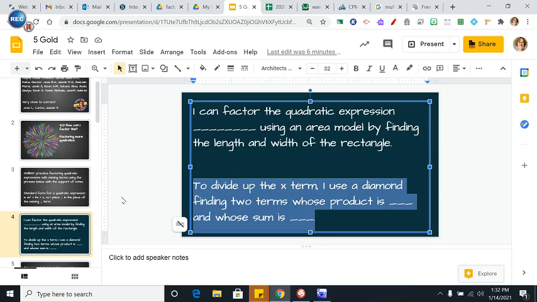So you should write this in your notebook with the diamond.